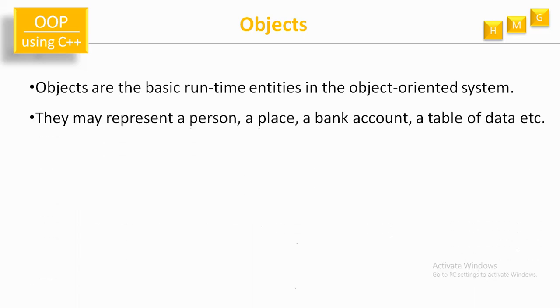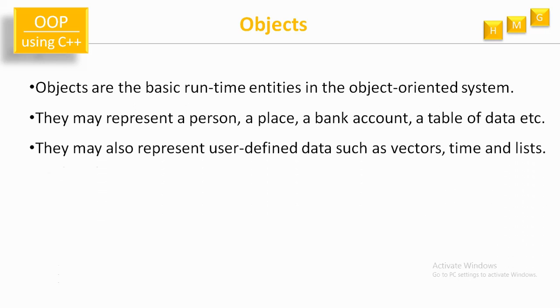The object may represent entities such as a person, a place, a bank account, a table of data, a book, a student, or an item in a store. The objects also represent user-defined data such as vectors, time, lists, etc.